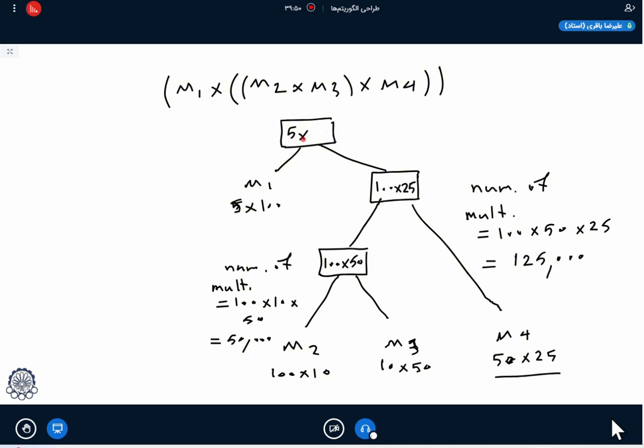The result has 5 rows and 25 columns, and the number of multiplications which is done in this step is 5 multiplied by 100 multiplied by 25.